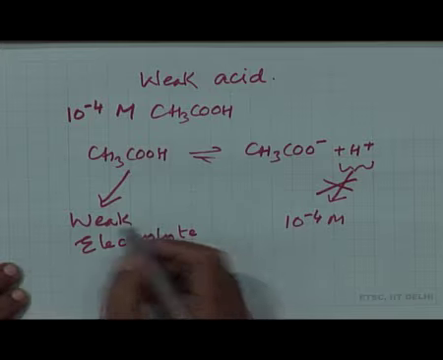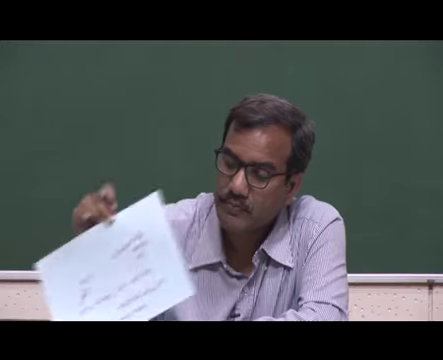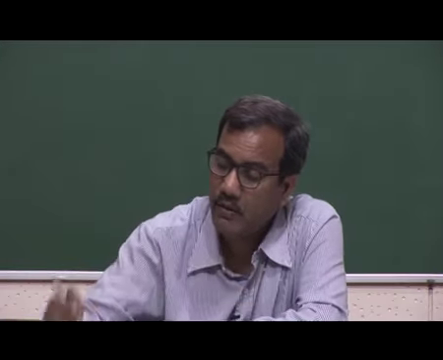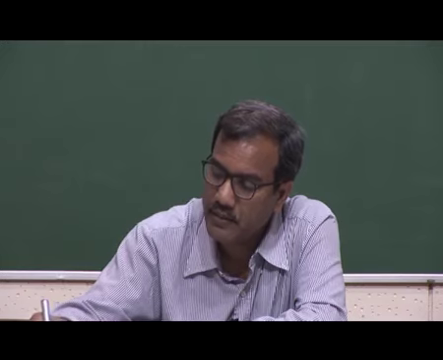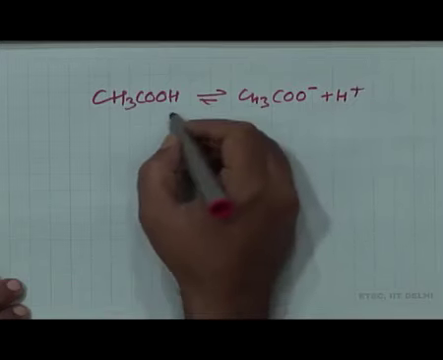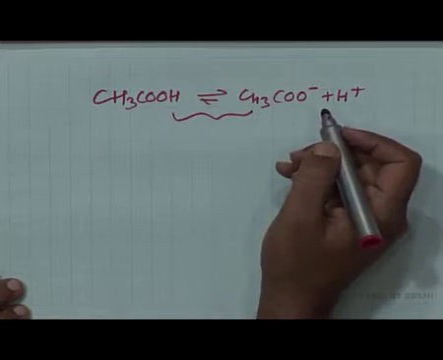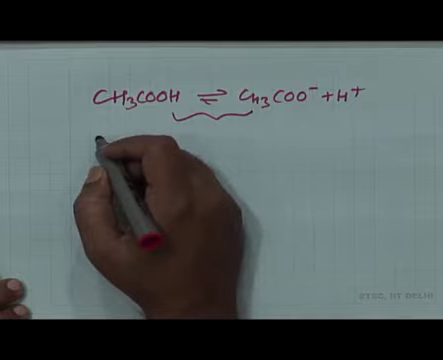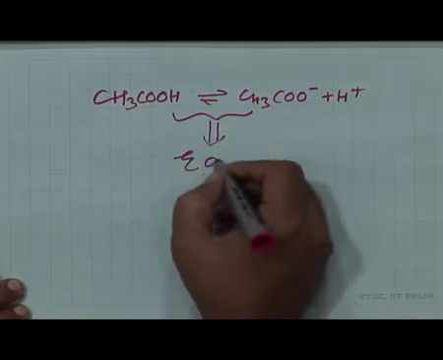Now, how to calculate pH of this? Since this weak electrolyte does not completely dissociate, it is a kind of reversible reaction, which means some are in associated state and some are in dissociated state, so we can apply the concept of equilibrium.